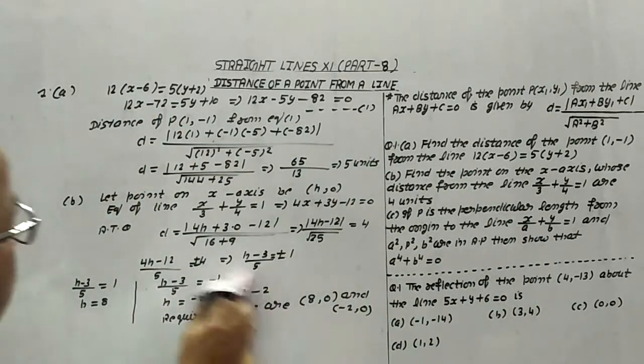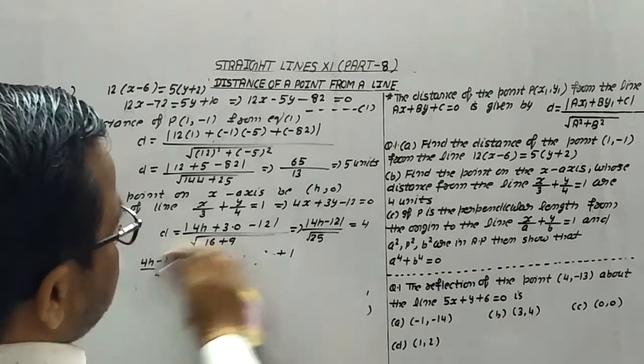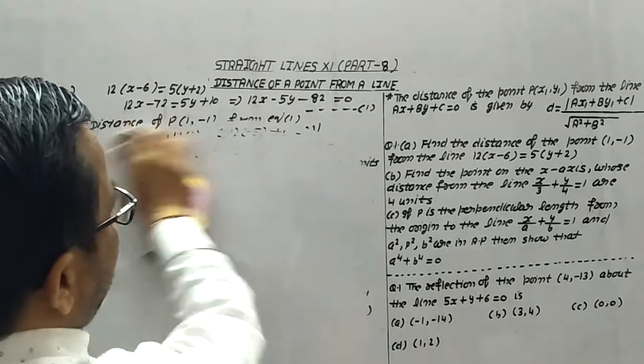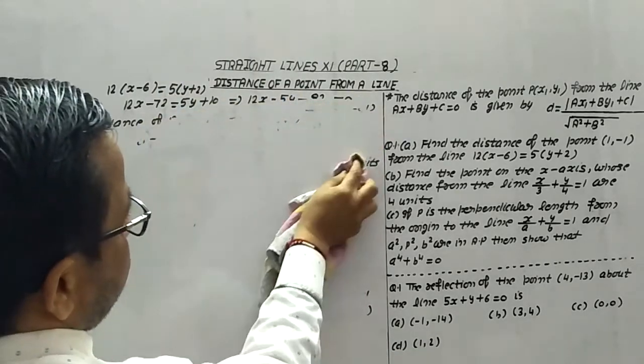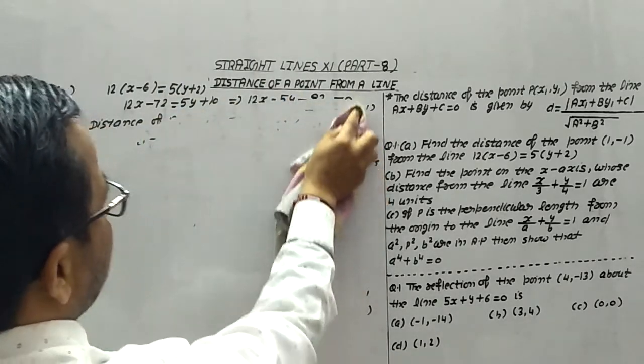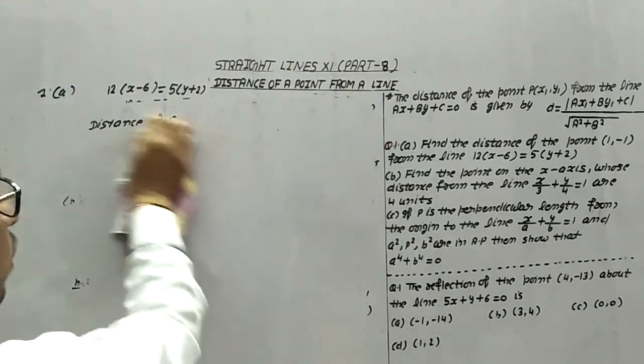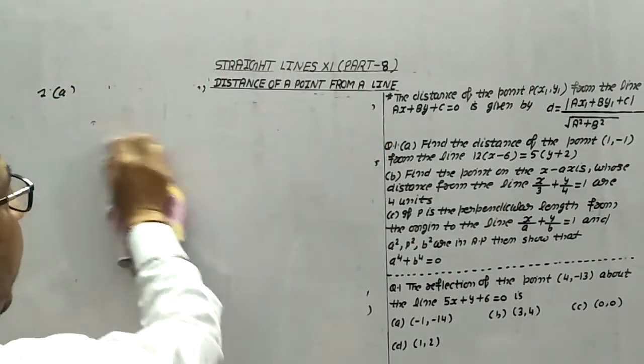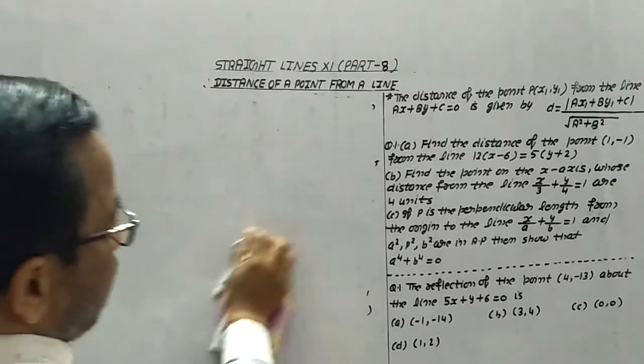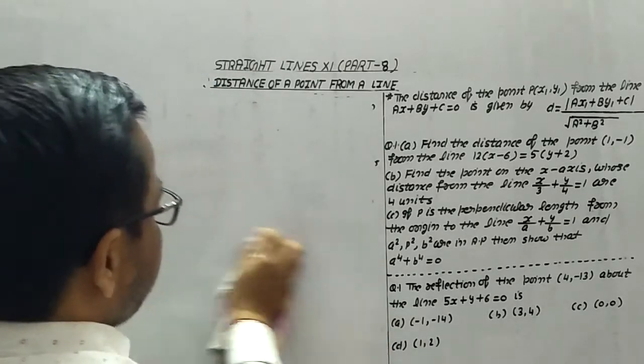Now, look at this. Question number 1, part c, which is very important. In this part c, what they are saying is, if p is the perpendicular distance, the perpendicular length from the origin to the line x upon a plus y upon b equal to 1, and a square, p square, b square are in AP, then we have to show this part.